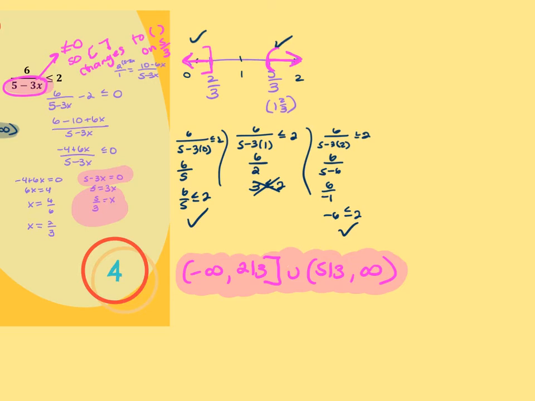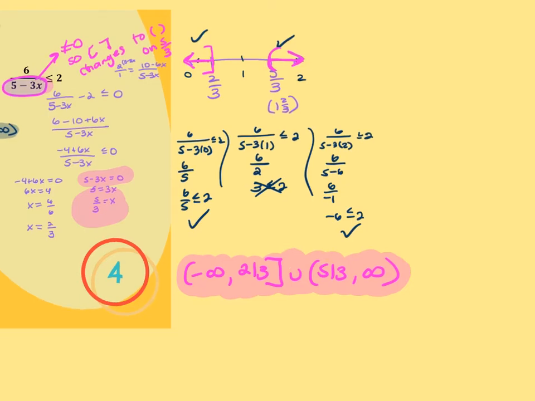Questions? Yeah. Because if I plug 5/3 in, I get a 0 in the denominator and it makes it undefined. So we have to check it? You do not have to check it, just go back to your question. Is it an "or equal to"?